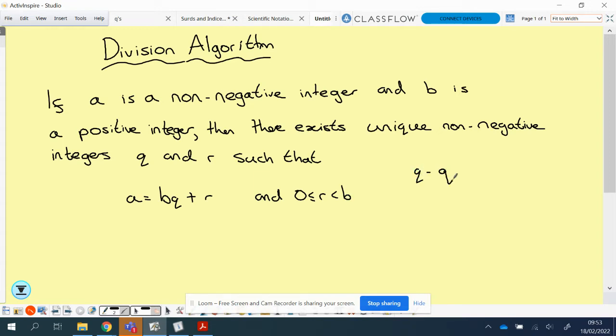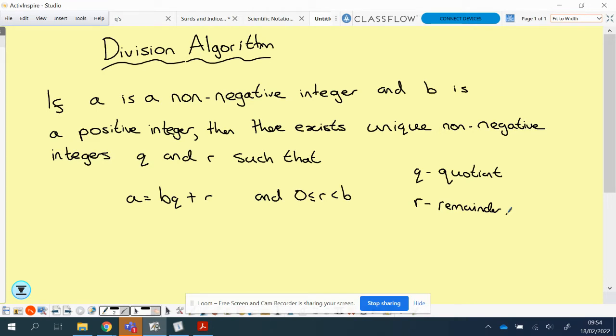So if you start with two positive integers A and B, normally A being the bigger one, then you can find a quotient Q, how many times B divides into A, with a remainder left over, if there is one. Sometimes you get no remainder, so that's why it could equal 0.